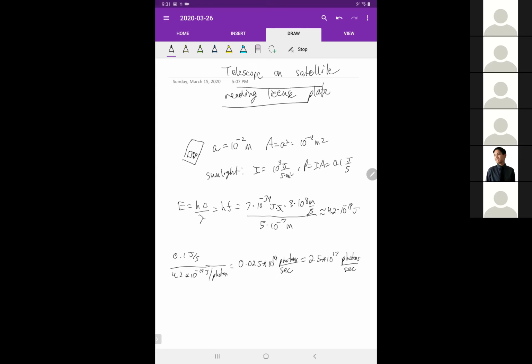These things are going to, a license plate, it's dirty, it's going to have low albedo. Let's say that we're only getting 40% of the photons. Okay, so 2.5 times 10 to the 17th photons per second hit the plate. 40%, or 1 times 10 to the 17 photons per second bounce off.